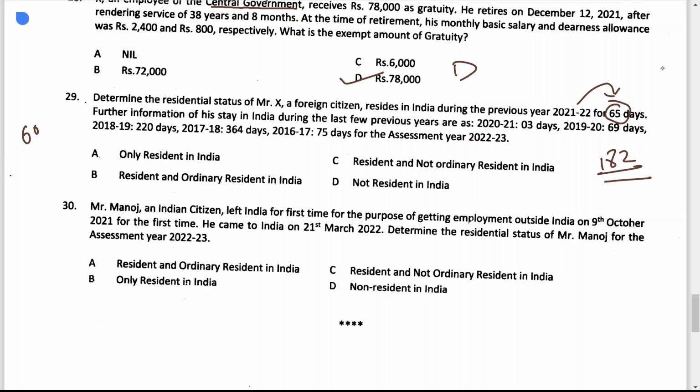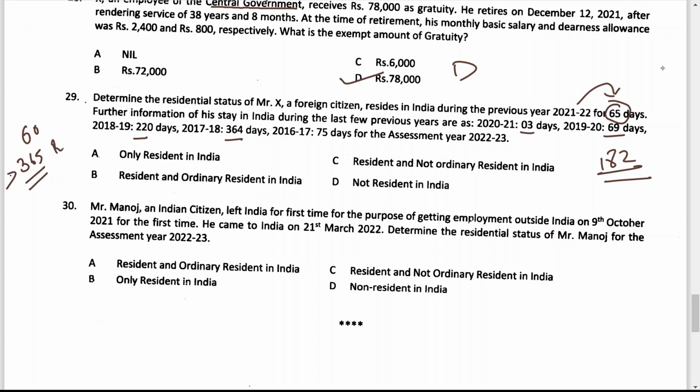So he is in India for 65 days, and 365 days or more during 4 previous years immediately preceding the relevant previous year. So if you make total of 4 previous years, this is 1, this is 2, this is 3 and this is 4. So if you make this total of these 4 years, you will get it is more than 365. That means he satisfied the second basic condition.